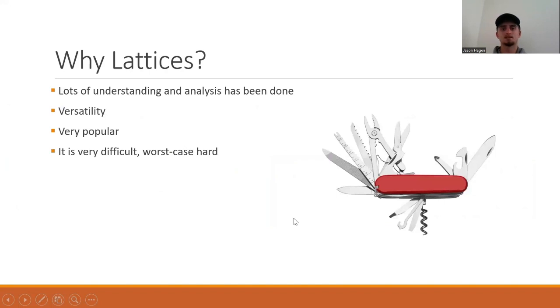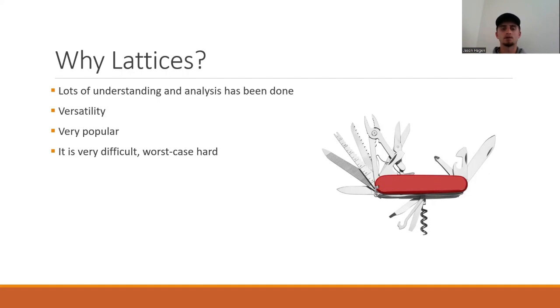So why are lattices a good idea for quantum cryptography, and why is there such an emphasis? Well, first, there's a lot of understanding and analysis that's been done on them. People have been looking at lattices for a really long time, so we have a good idea about what uses they have.